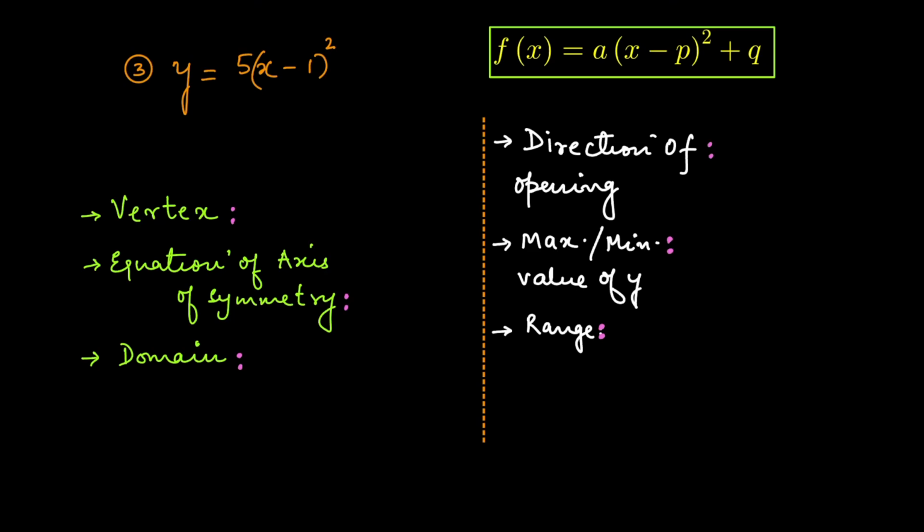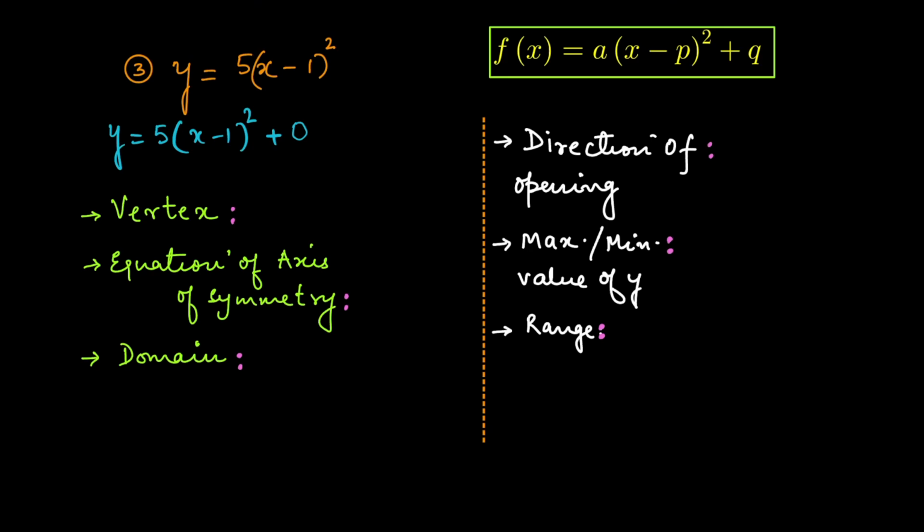Now example 3. In this we have y equals 5 times (x minus 1) squared. We rewrite it in the form so that we are able to correlate with the formula. There is nothing written after the square, so we write it as 0.